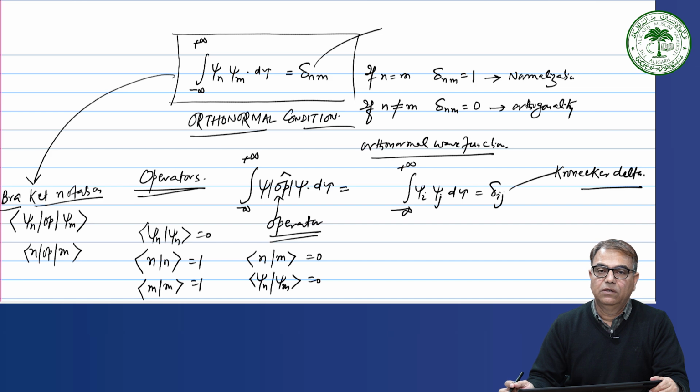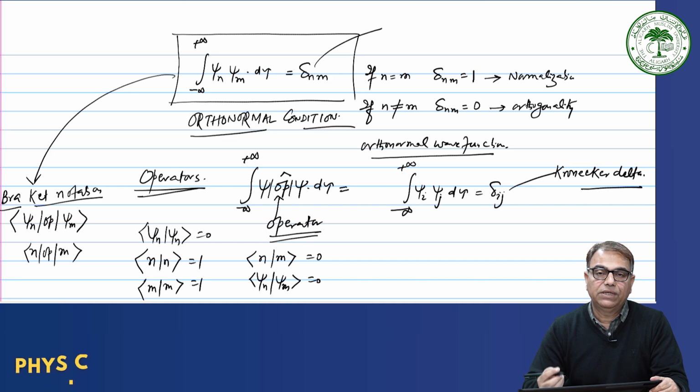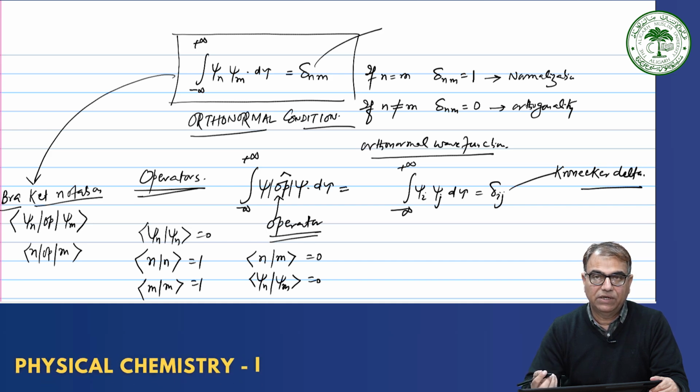Okay. So, finding this integral is very important in quantum mechanics, because this gives you the physical interpretation, otherwise it does not give you any physical interpretation. Psi in itself has no physical significance, and operators are very important for finding these integrals.